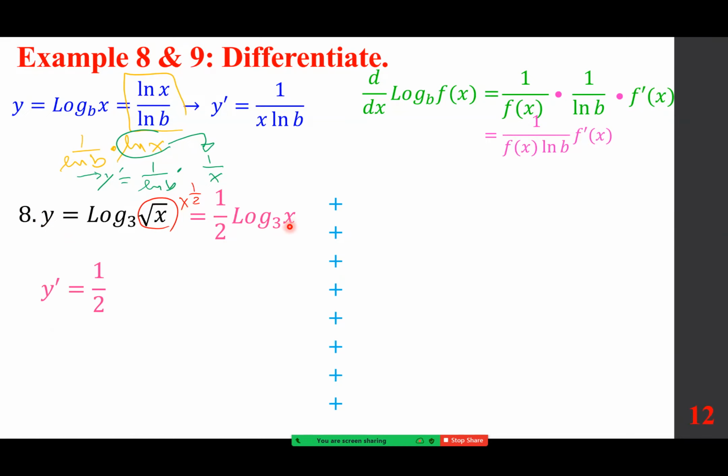This is log, so we're going to flip this over. 1 over whatever this is, 1 over x. Is the base e? No. So 1 over ln of whatever this number is. This is by the change of base formula. And since x is the independent variable itself, it's not a function of x, we don't need to multiply by its derivative, which is 1. So we rewrite this as 1 over 2x ln 3 as the final answer.